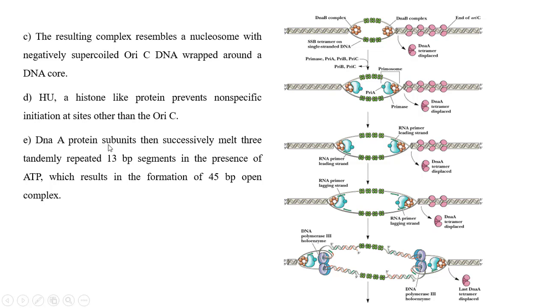So the DnaA protein subunits melt the 3 tandemly repeated 13 base pair segments in the presence of ATP as an energy source, which results in the formation of a 45 base pair open complex. So first it binds on the 4 repeats of 9 base pair, breaks the hydrogen bonds and forms an open complex on the 3 repeats of 13 base pair, a 45 base pair open complex called the replication bubble or replication eye.